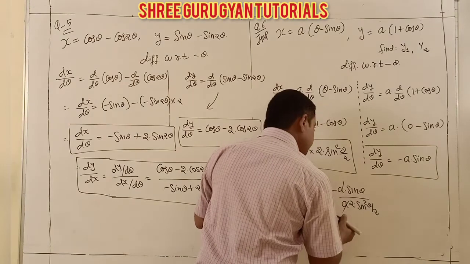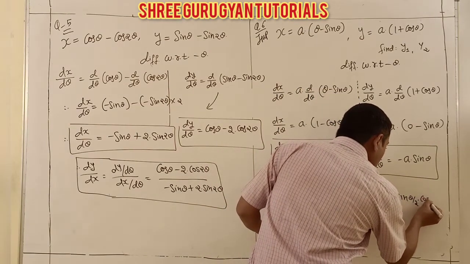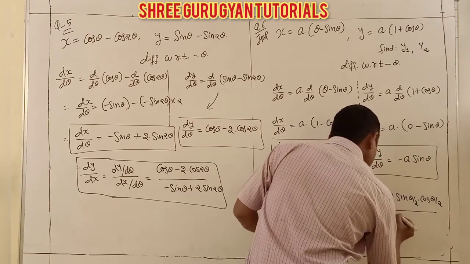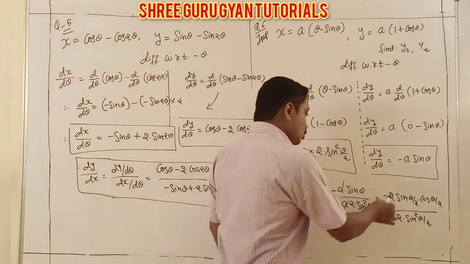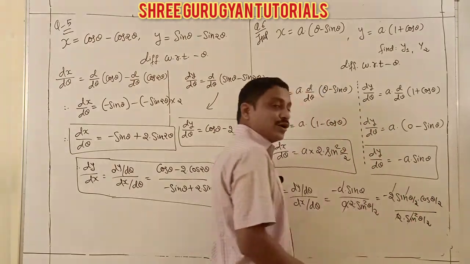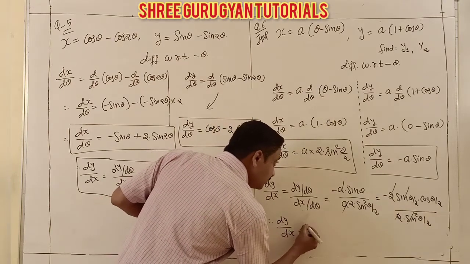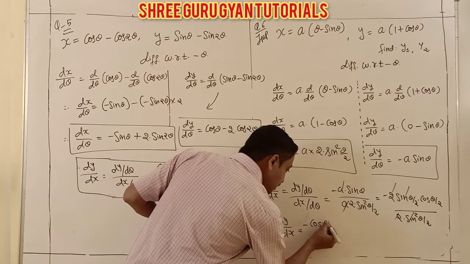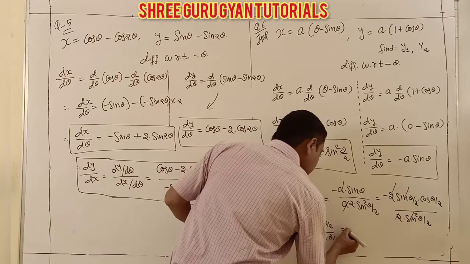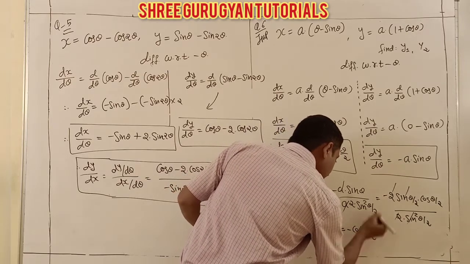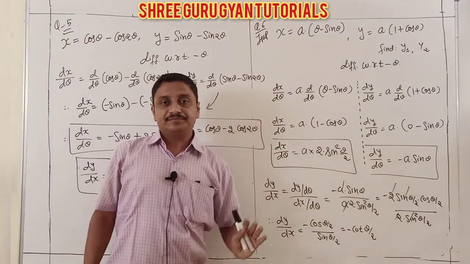So a is gone, 2 sin theta by 2 cos theta by 2, and other is same, 2 sin square theta by 2. So 2 gone, yes, sin gone, yes. Only I have dy by dx, which is minus cos theta by 2 upon sin theta by 2, which is minus cot theta by 2. That is the textbook question, 2 marks question, students, done.